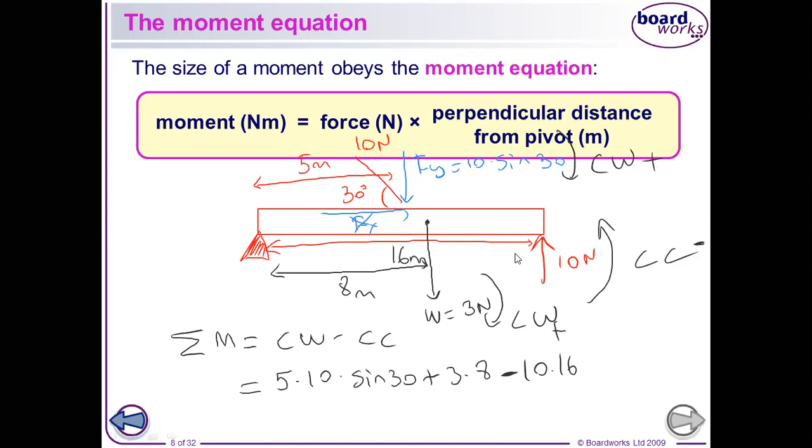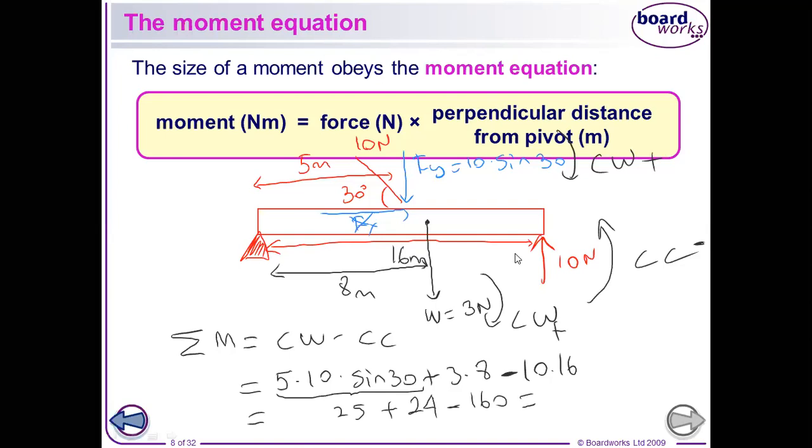So when I use my calculator, you can use your calculator together with me. 5 times 10 times sine 30 will be 25. So this is going to be 25 Newton meters plus 3 times 8 is 24 minus 160 Newton meters.